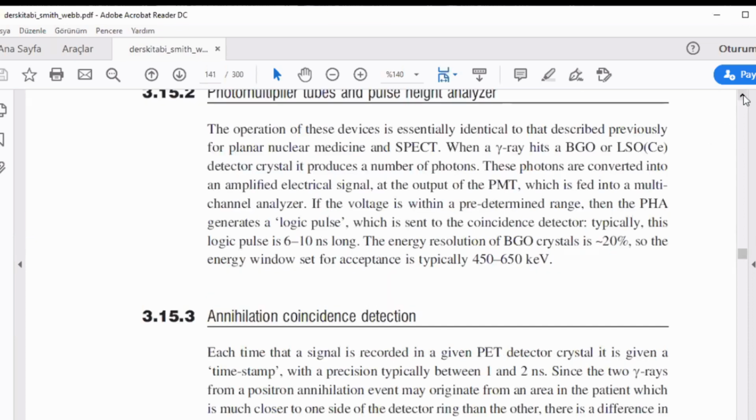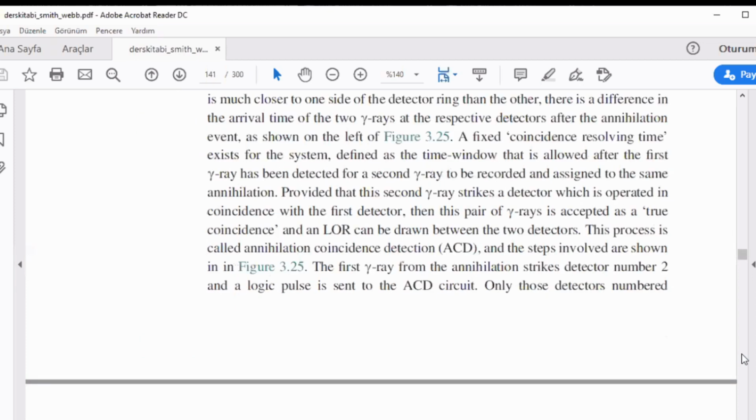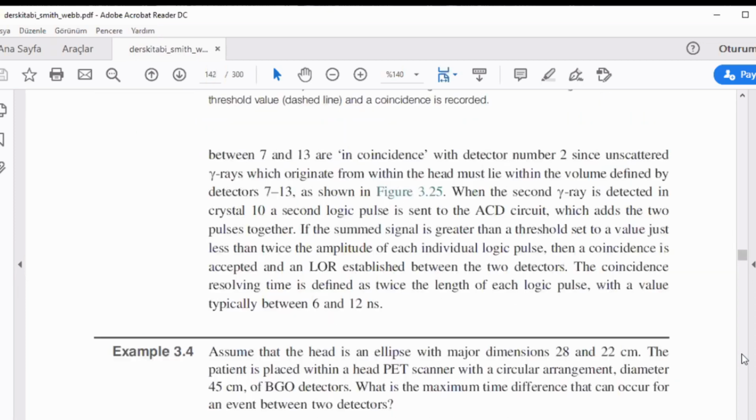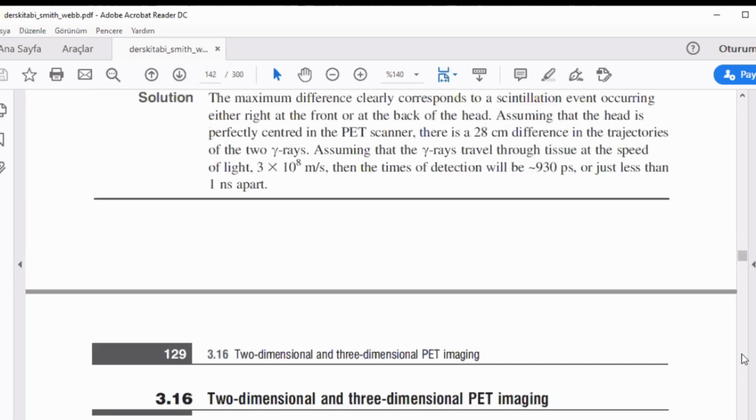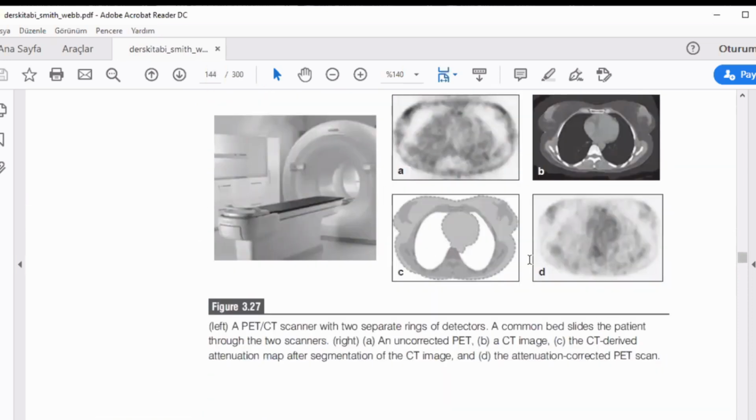The systems identically exist: crystals, collimators, photomultiplier tubes, pulse height analyzers, coincidence detectors, etc. are also in those kind of systems. For example, look at a combined SPECT CT system. This is only the nuclear imaging output. This is the CT output.